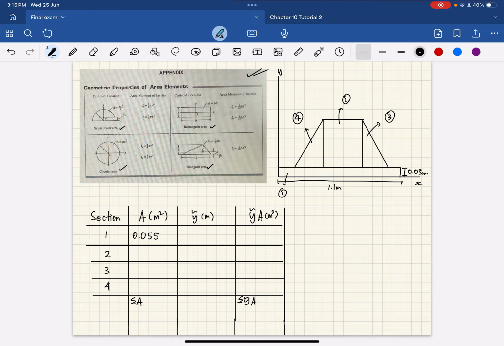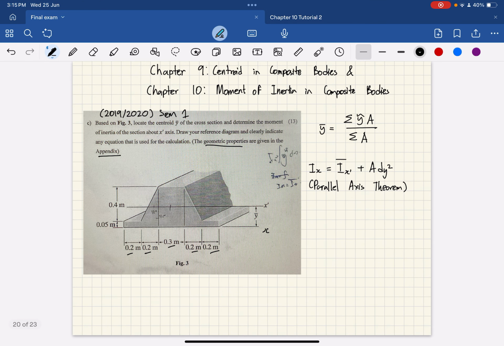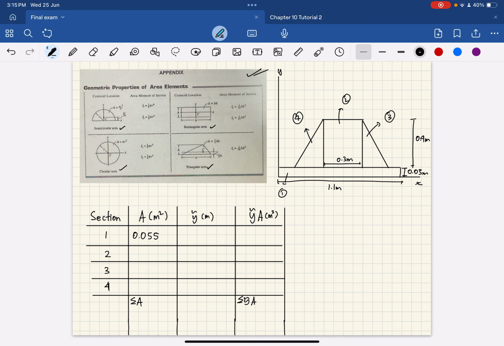Now for section 2, we know that this part is 0.3 meters and this whole thing is 0.4 meters. So it becomes 0.12 meters squared, right? How about for sections 3 and 4?